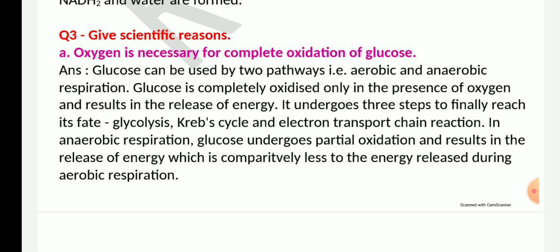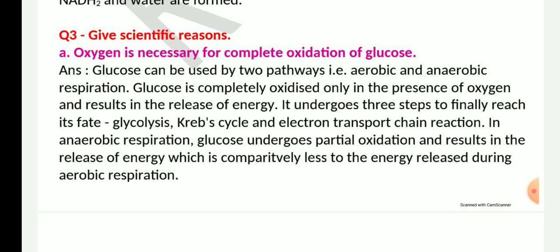Give scientific reason. First one. Oxygen is necessary for complete oxidation of glucose. Answer. Glucose can be used by two pathways, that is aerobic and anaerobic respiration. Glucose is completely oxidized only in the presence of oxygen and results in the release of energy.